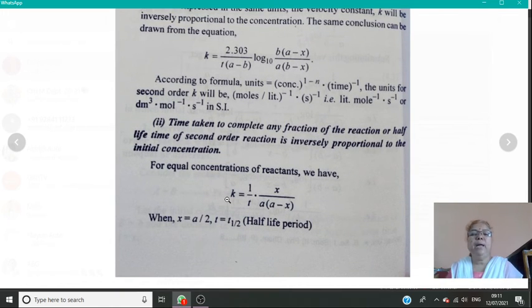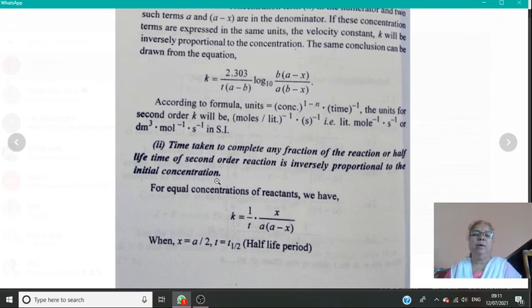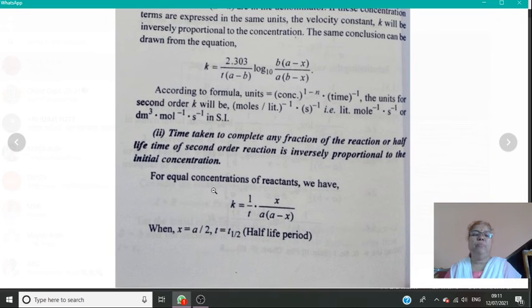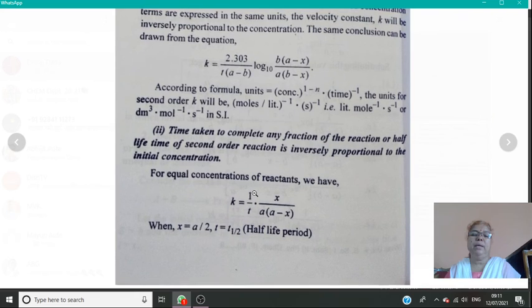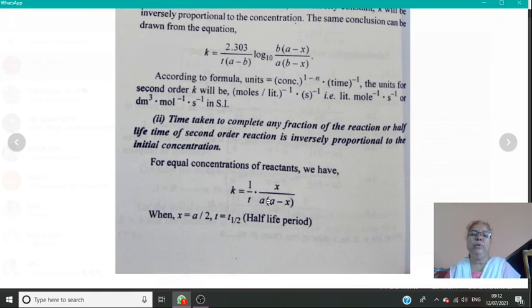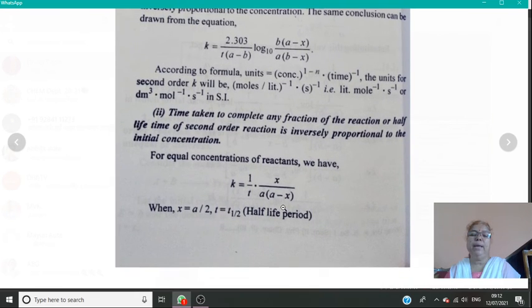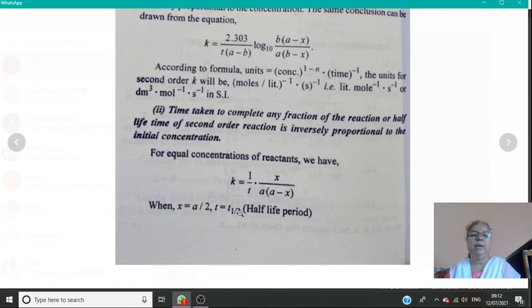Then the time taken to complete any fraction of the reaction, or half-life time, is inversely proportional to the initial concentration. For equal concentrations of reactants, we have k equal to 1 by t into x upon a in a bracket a minus x.